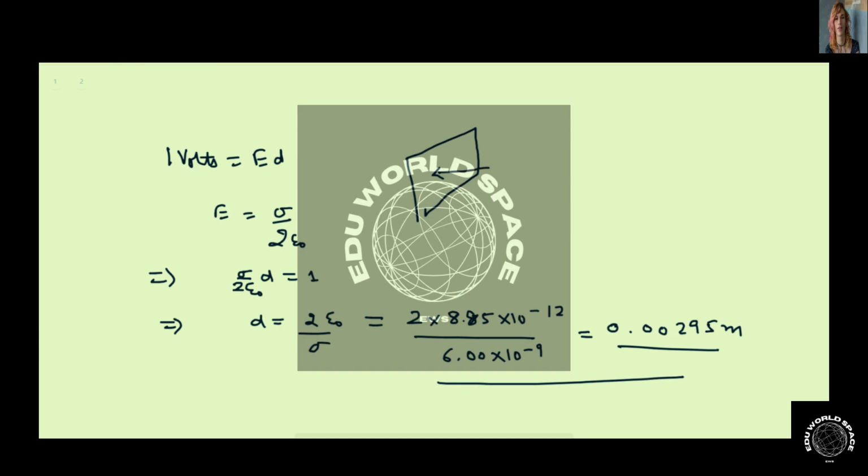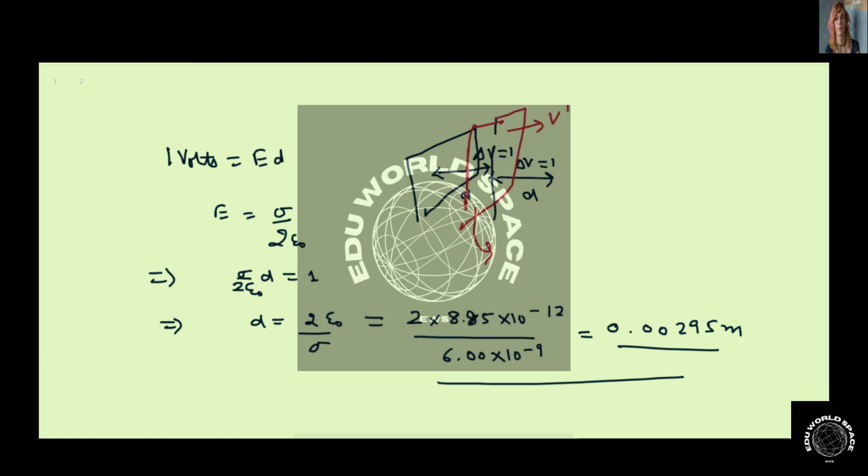So at each d, the potential delta V is equal to 1 volt. Your potential on this plane, let's say, is V prime.